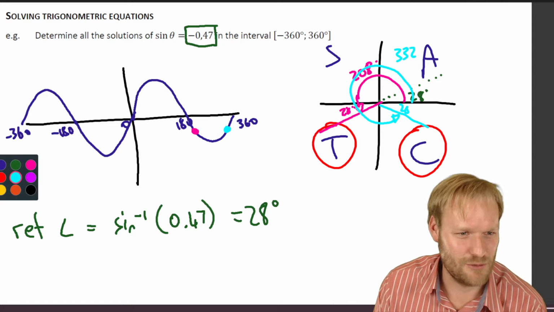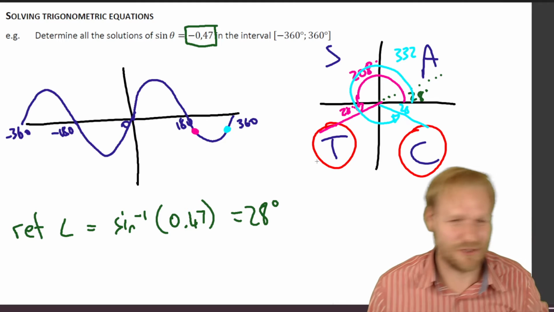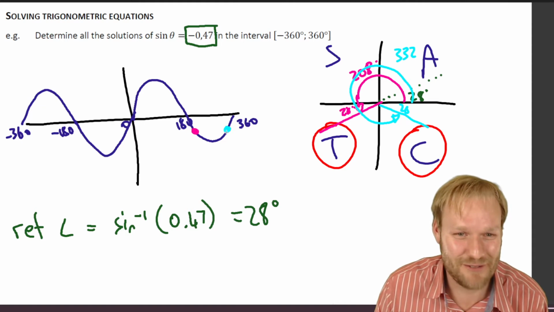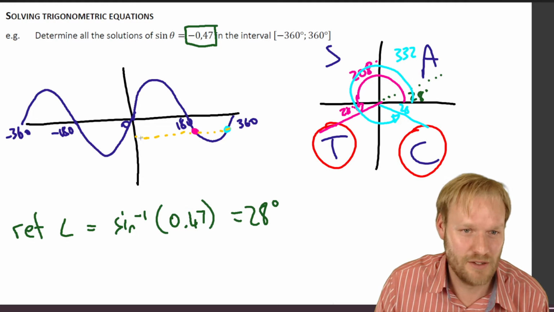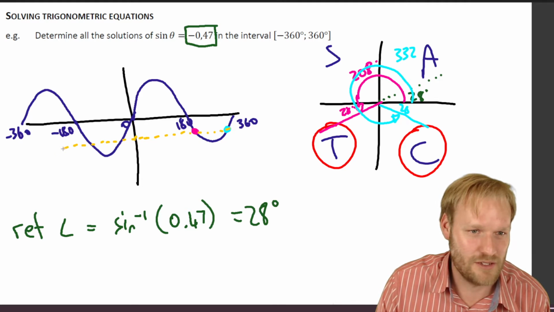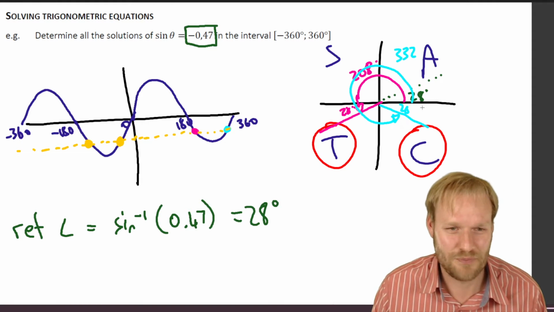Notice that what we're solving for is all the values where sine theta is negative 0,47. So they should all be along the same value here, which means we can see there are going to be another 2 solutions over here. And they are the first 2 solutions we've seen.